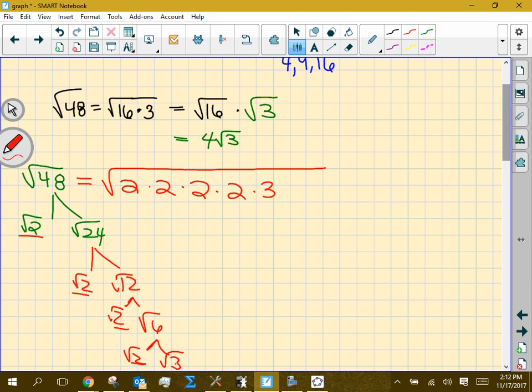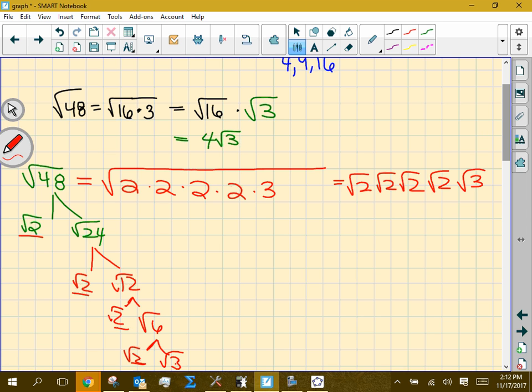Okay? Now, using what we talked about above, we could say this all means radical 2 times radical 2 times radical 2 times radical 2 times radical 3, right? Does that make sense? Yeah. Okay. Now, if I've got a bunch of radical 2's being multiplied together, let me ask you this question.